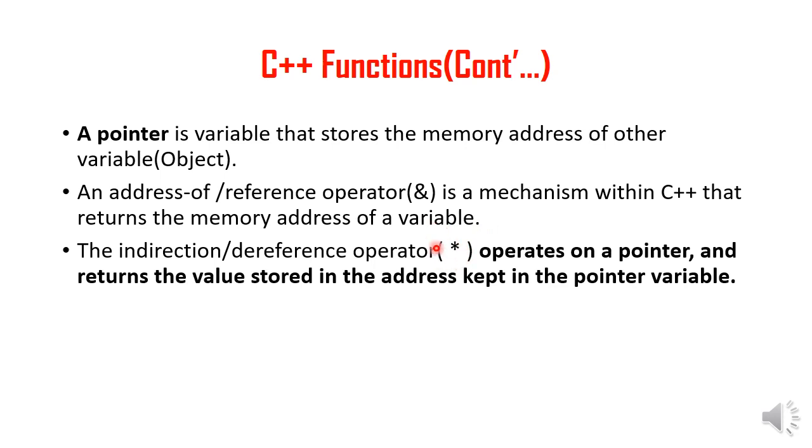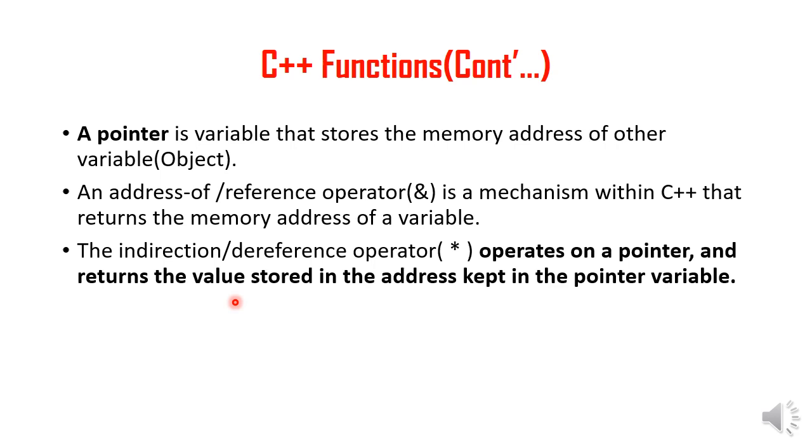Another operator is the indirection or dereference operator, which is denoted by an asterisk. This is also a unary operator, which is used once a programmer is declaring a pointer. This operator operates on a pointer, and it returns the value of an object.